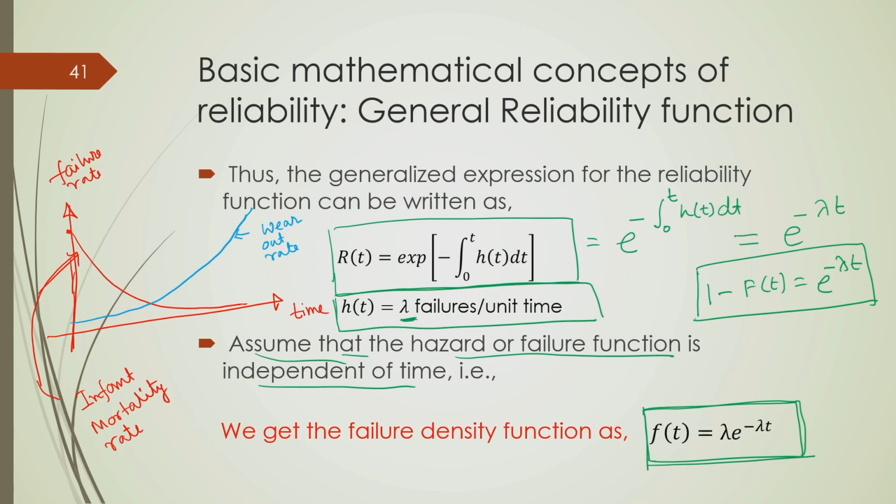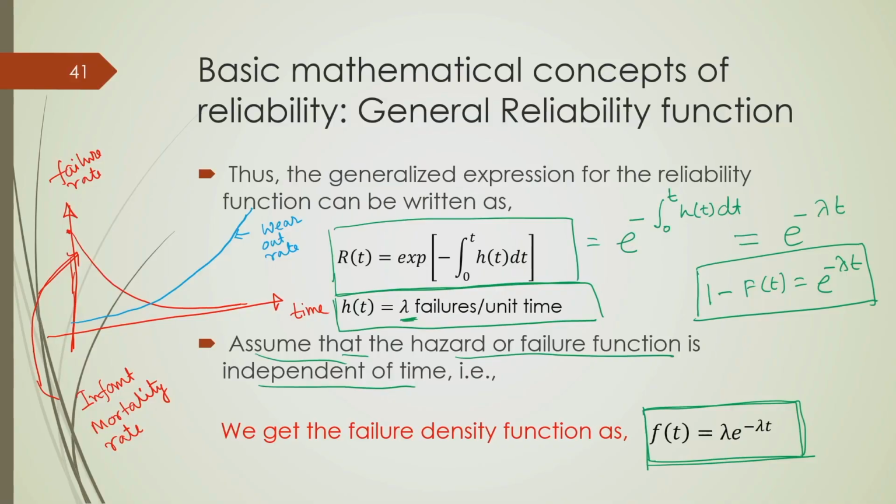So, with time all the components are aging, and there exists a certain point beyond which this aging effect is more predominant, and it will lead to the failure of a particular equipment. So, wear out rate increases with time.